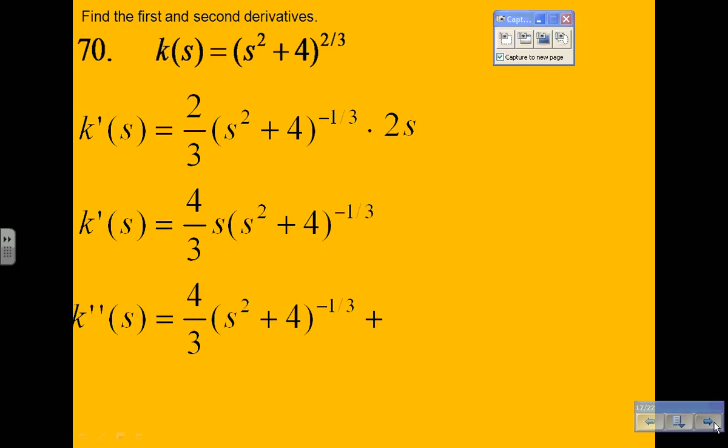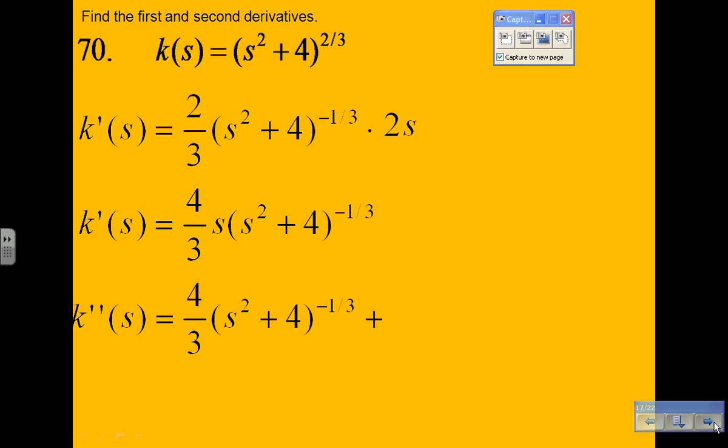Now I'm going to take the derivative of the second function. I'm going to use a chain rule on this second part, because we never took the derivative of anything with an exponent. We took the derivative of s squared, but not s squared plus 4 to a power.